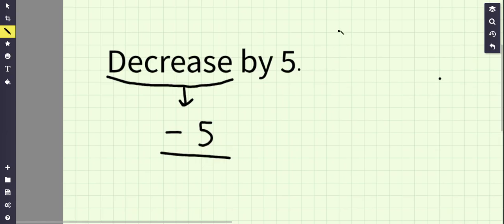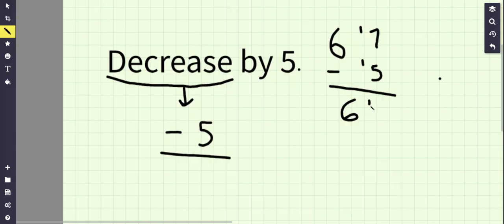So if you were 6 foot 7, subtract 5 inches, and you get 6 foot 2. So you're 6 foot 2 now. It's kind of tall either way. I don't really know why he would be complaining if you lose 5 inches. I'd be complaining if I did. But 6 foot 2, 6 foot and 2 inches.